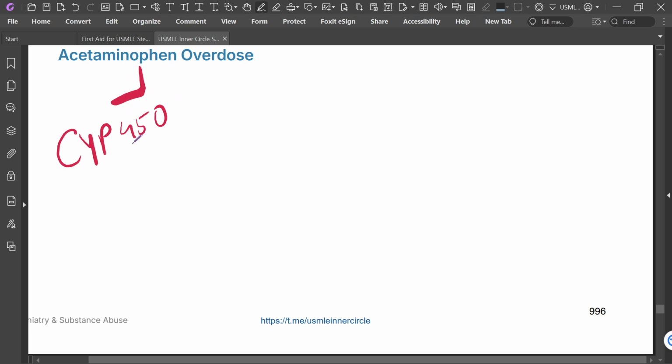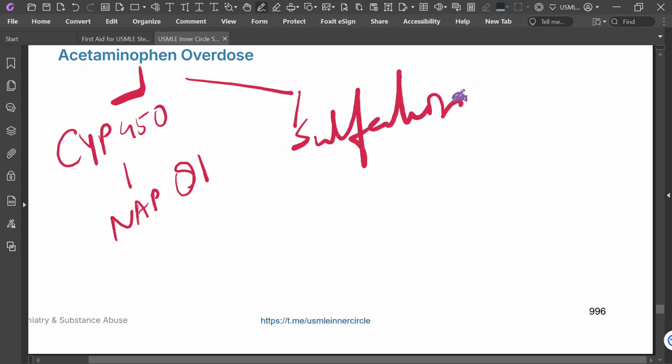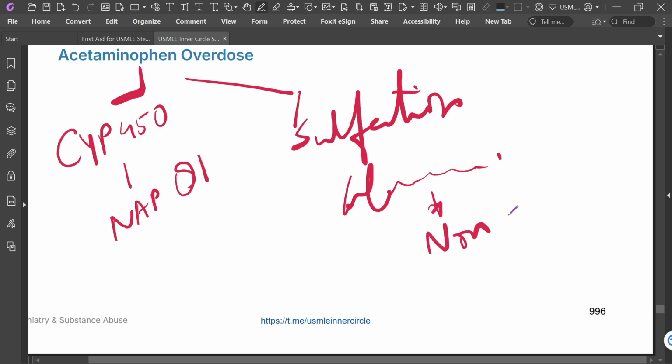So in acetaminophen, cytochrome P450 enzyme breakdown is only 8%, and it produces NAPQ1, N-acetyl-p-benzoquinone imine. Sulfation and glucuronidation, about 90%, produce non-toxic metabolites, which are excreted through urine.